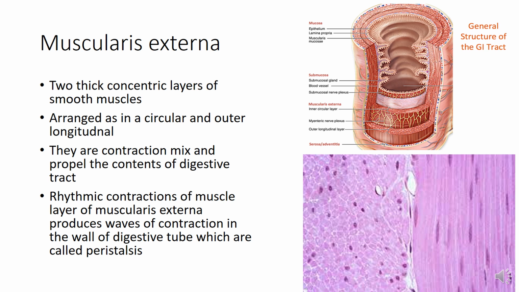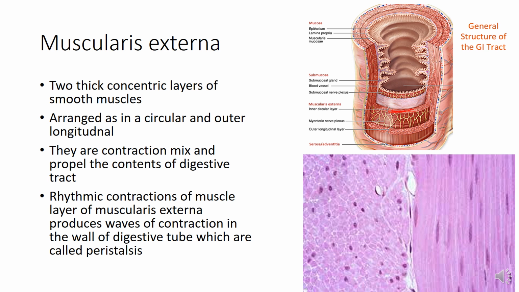They are usually arranged in inner circular and outer longitudinal layers, and their contraction mixes and propels the contents of the digestive tract. They produce rhythmic contractions of the muscle layer, producing waves of contraction in the wall of the digestive tube, which is known as peristalsis.